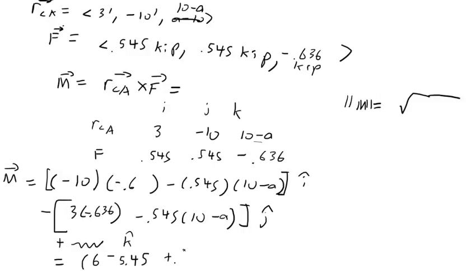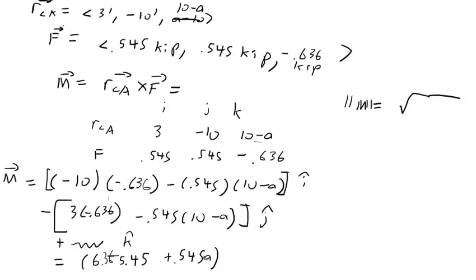Plus 0.545a. Where did I get 6 from? Well, from the 0.6, but where did you get the 0.6 from? Oh, sorry, yes, 0.6, derp. Okay, yes. That was not written down correctly. Thank you. So that's 6.36 minus that.